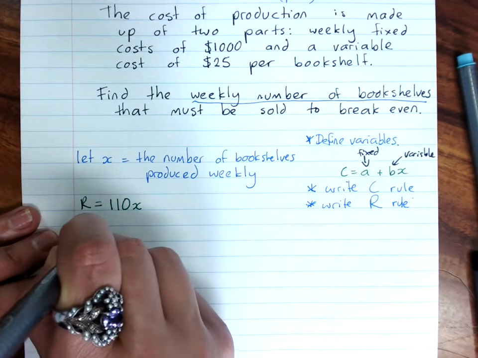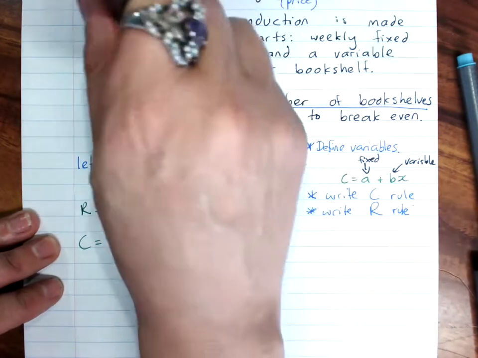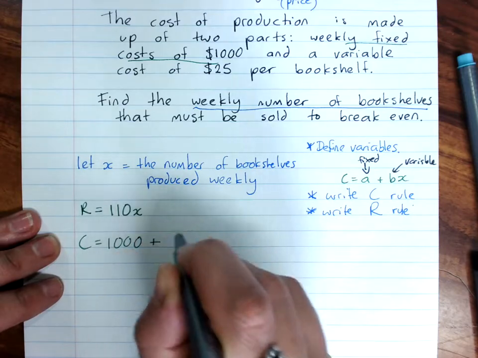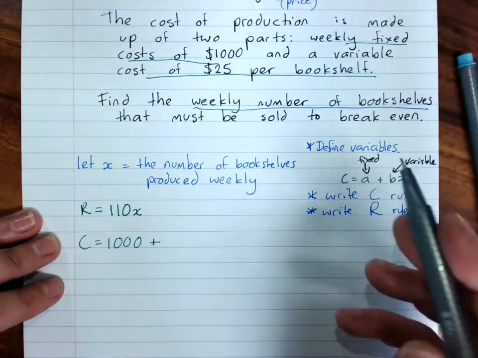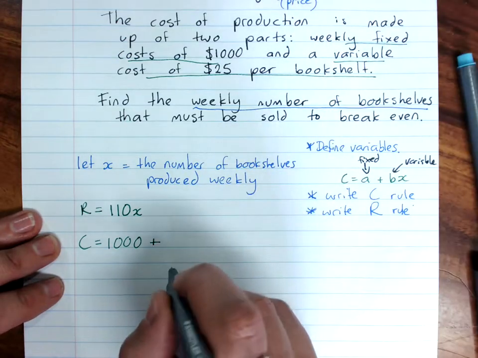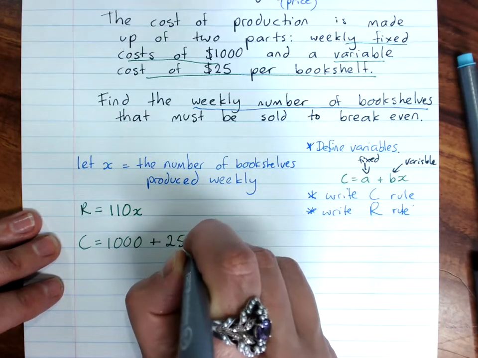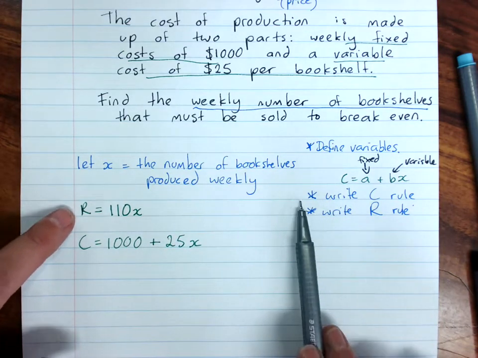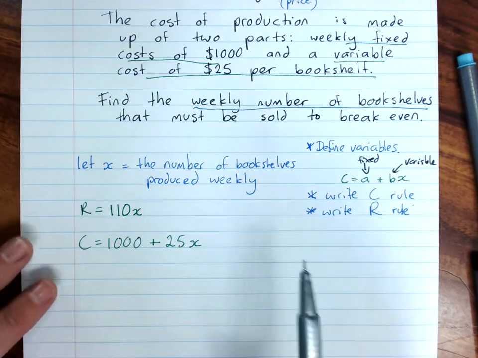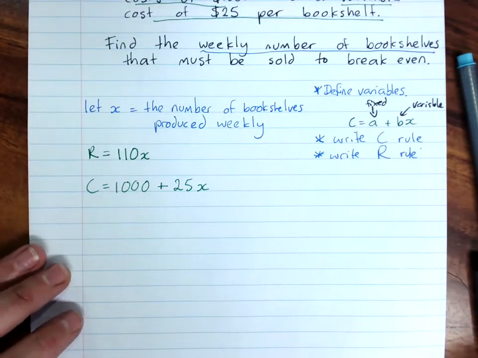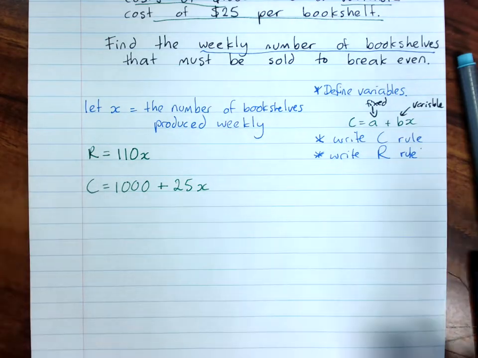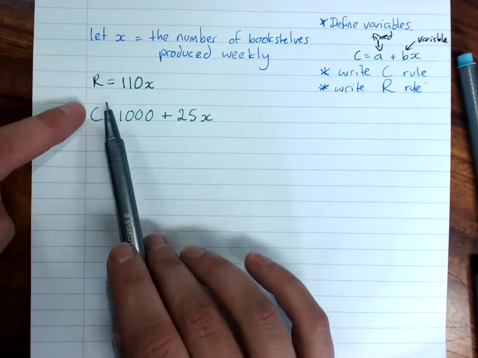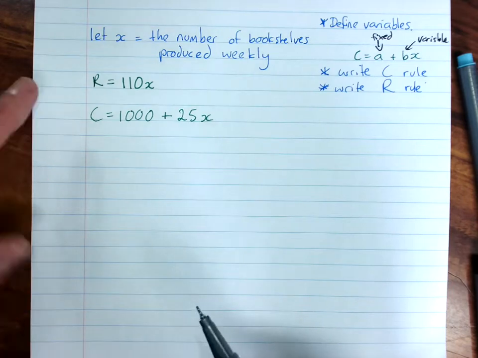So the cost is $1,000 because that's fixed, so that just stays there, plus $25 per bookshelf as my variable cost, so that's going to be 25x. So you write a cost rule and a revenue rule, and remember, to break even, cost has to equal revenue. So now we're actually solving a simultaneous equation to find out when cost equals revenue at how many of X, how many bookshelves.